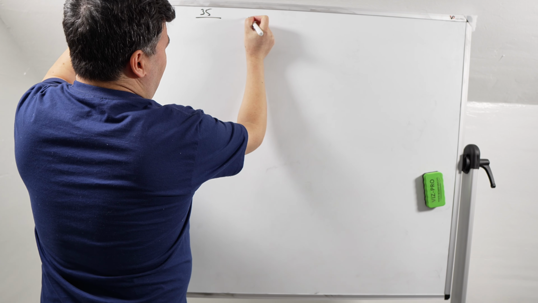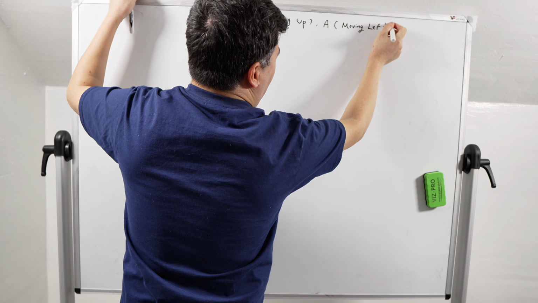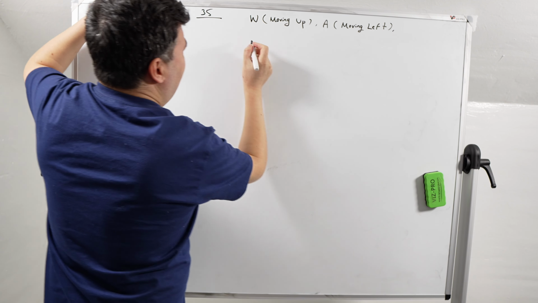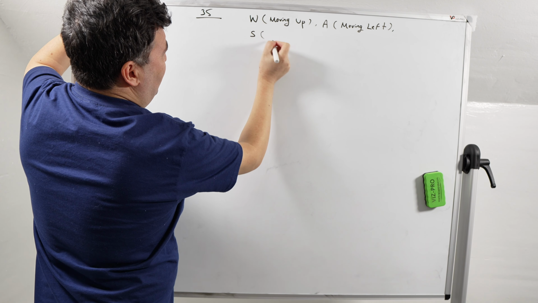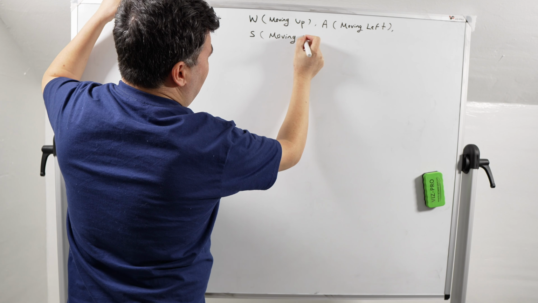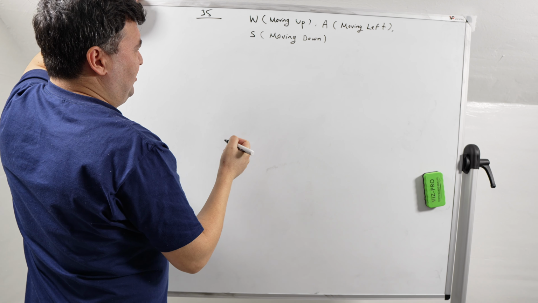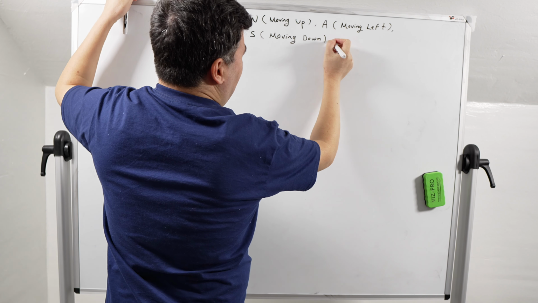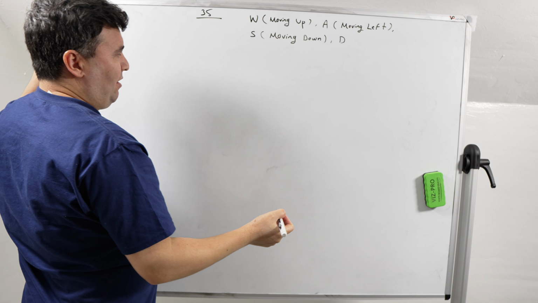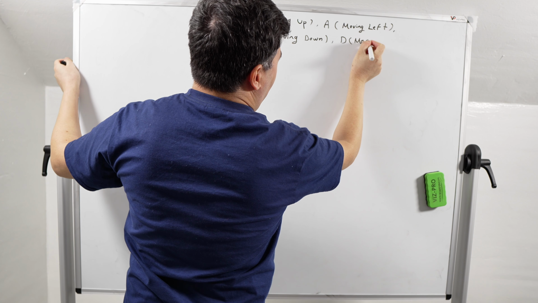If we want to move the character of the game to the left side, we use A. And then we use S for moving down, if you want to move the character down, we press S. And we have D if we want to move the character of the game to the right, so moving right.